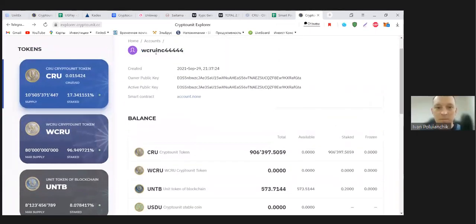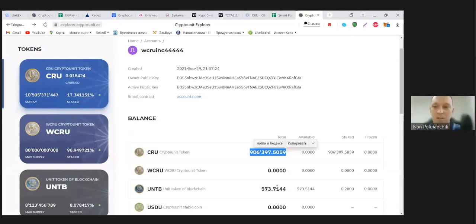So you can see my wallet in here. It's WCRU Inc. 44444. Okay, then. So using this wallet, the company bought almost 1 million CRU tokens. They are now staked and are used to mine UNTBs. And we realized that sooner or later businesses will come and will start buying CRUs, thus driving the price up.